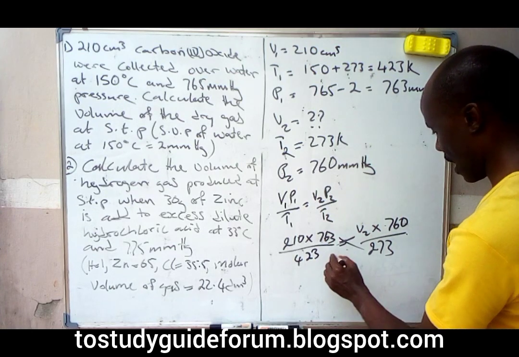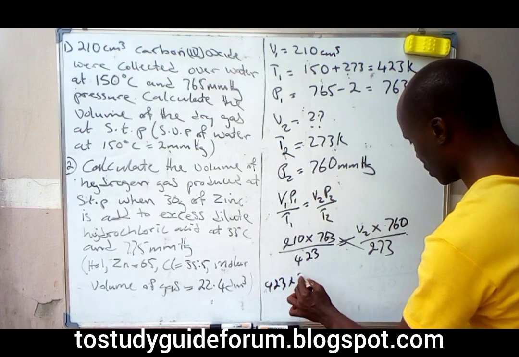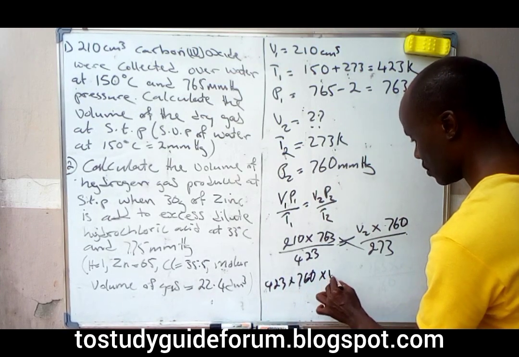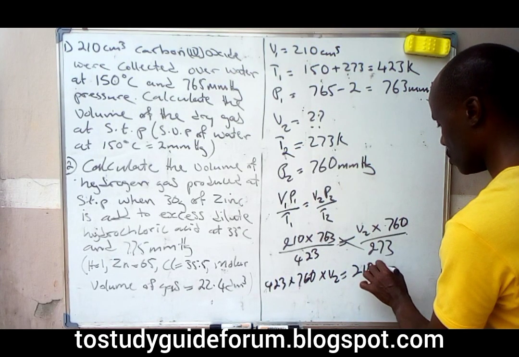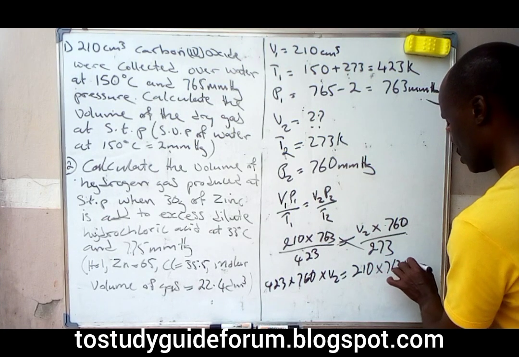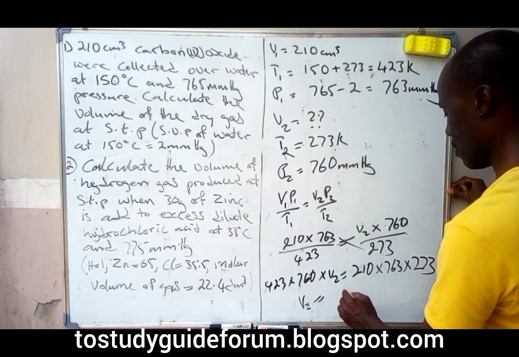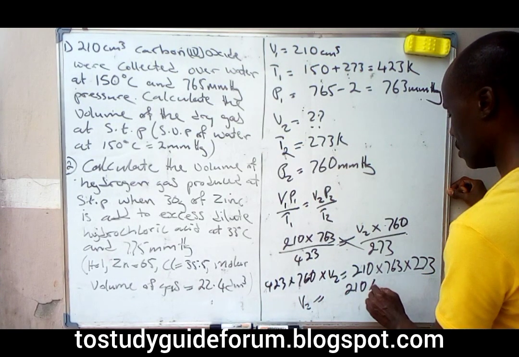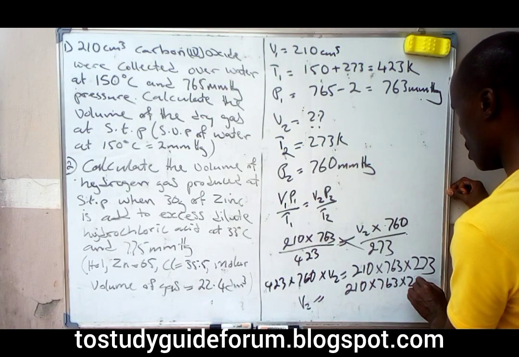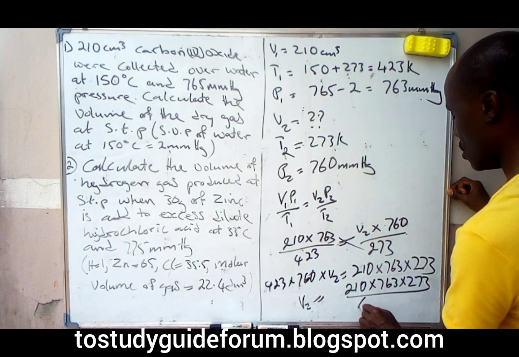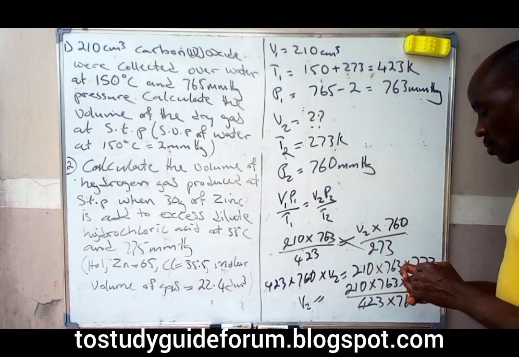If we cross multiply, we have 423 times 760 times V2, that will give us 210 times 763 times 273. So making V2 the subject of the formula, we have 210 times 763 times 273 all over 423 times 760.